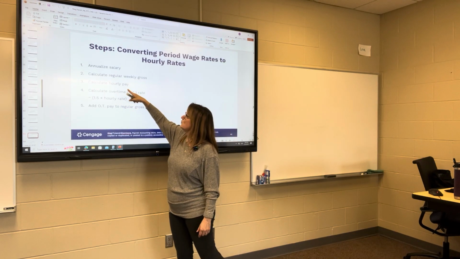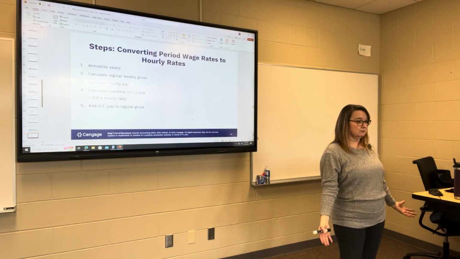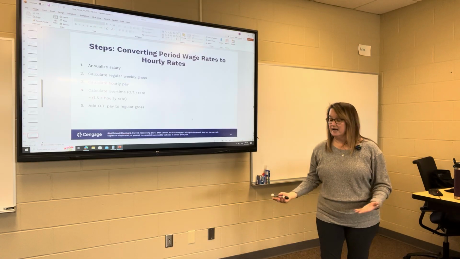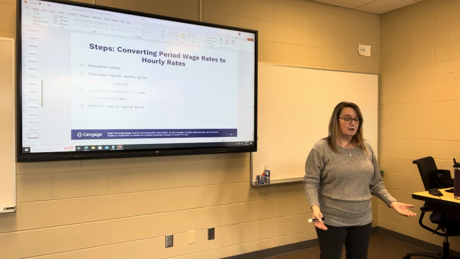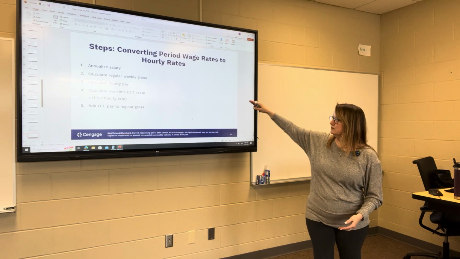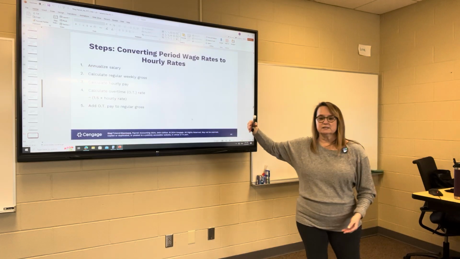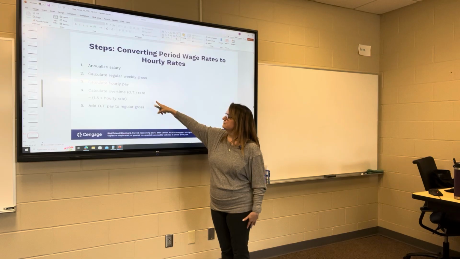We're going to calculate what their hourly pay is. So, for example, if they normally work 40 hours a week, then we're going to take their regular weekly gross, divide it by 40 to get to what their hourly rate is. Then we're going to calculate their overtime rate.